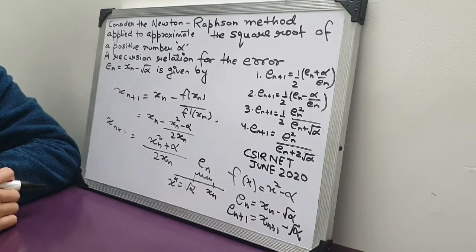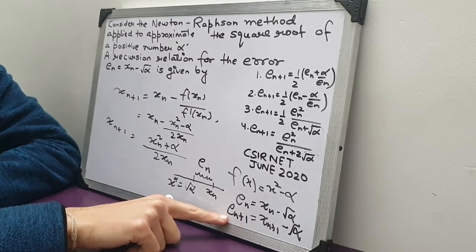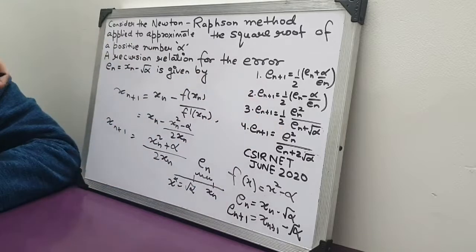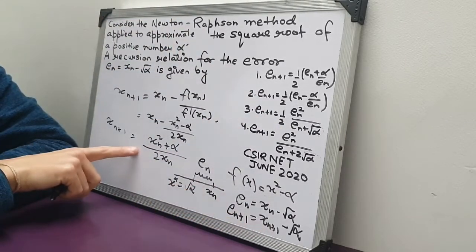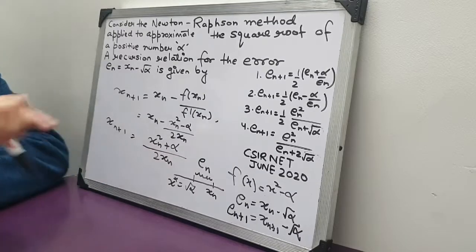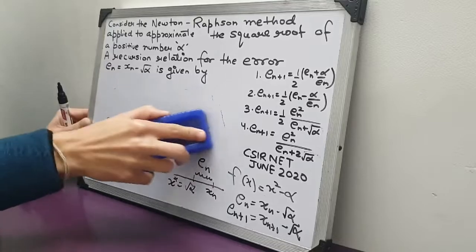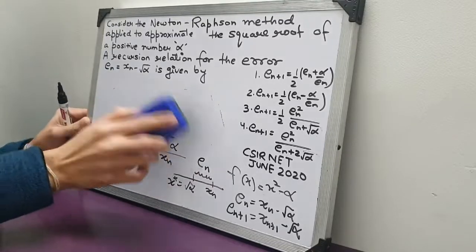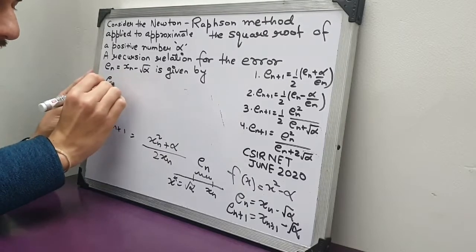Fine. So now we have to find the value of this en plus 1 in terms of en and square root of alpha. So simply replace the value of xn plus 1 which we have found here. So let me rub this again. Fine. So what will be your en plus 1?